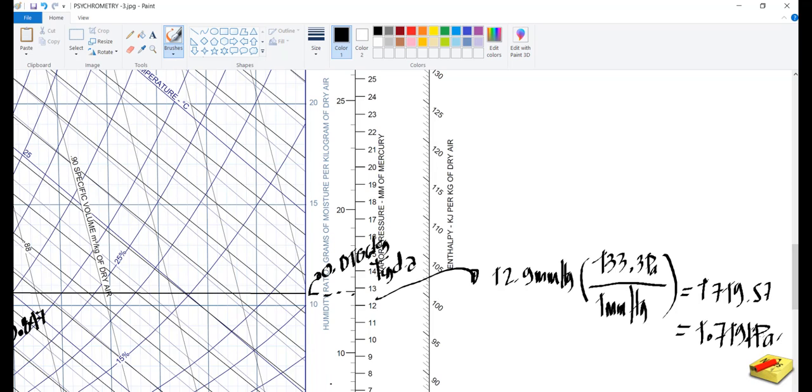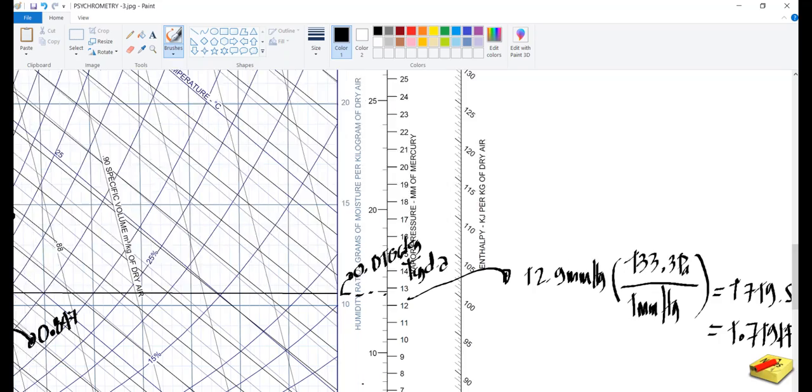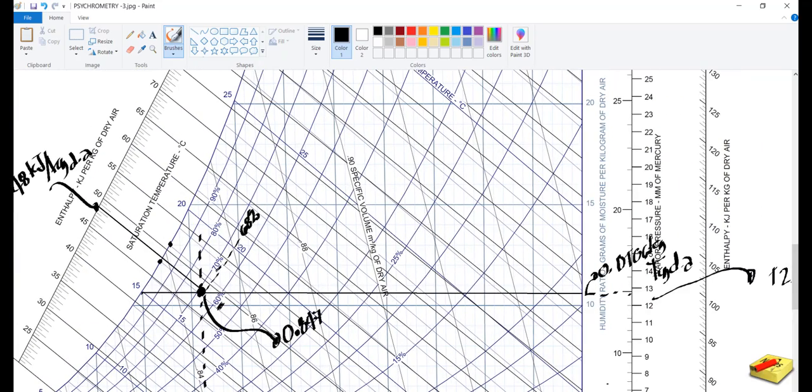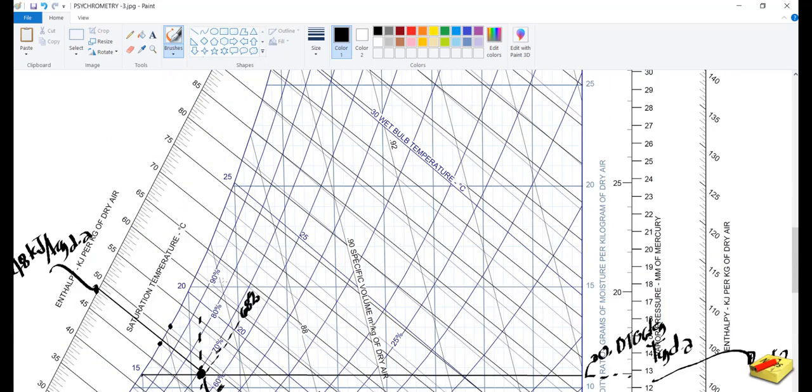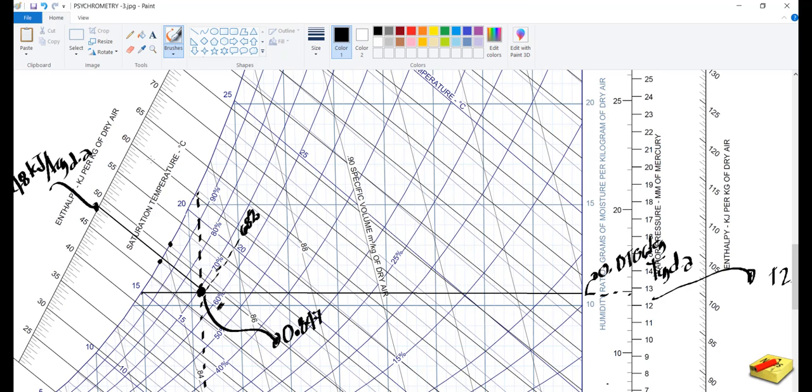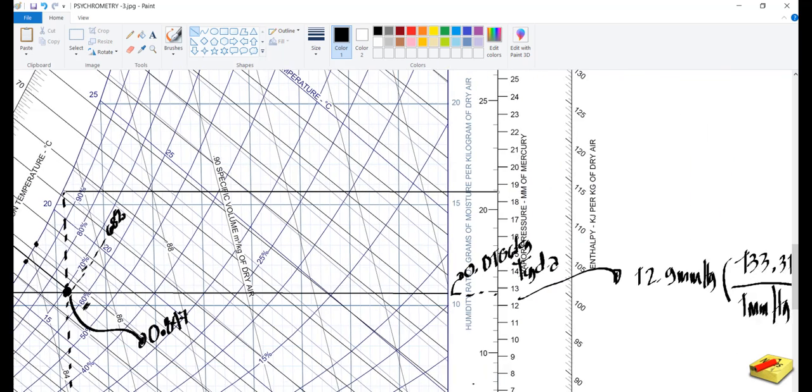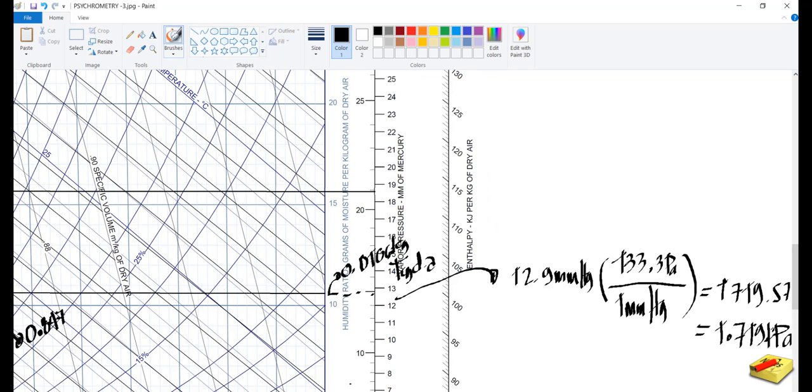For the saturation pressure of vapor at 21 degrees Celsius, let's try to find that also. At 21 degrees Celsius, 21 in here, going here, passing here, somewhere here. Drawing the straight line again, we have somewhere 18 point something, so 18.5 maybe, in mm of Hg.